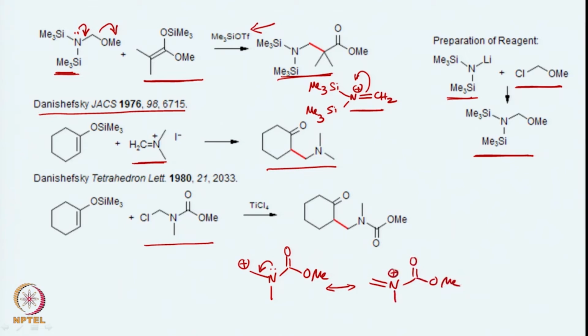So, this is how the species that reacts in this way will come and react with this part and then lead to the formation of this. So, this is how the CC bond reaction occurs with enol silyl ether.